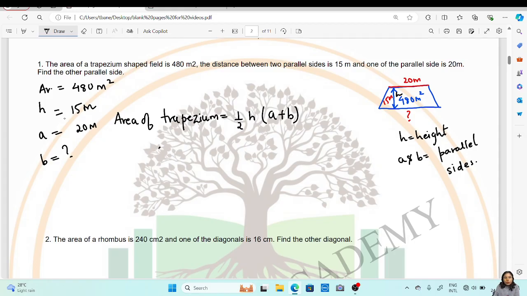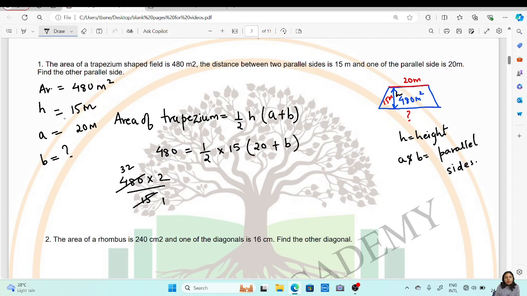So area we know is 480 equals 1 upon 2 into 15 into 20 plus B. So let's rearrange: 480 into 2 upon 15. So if we cancel out, we will get 15 ones are 15, 15 32s are 480.